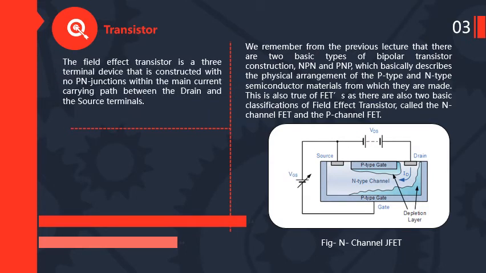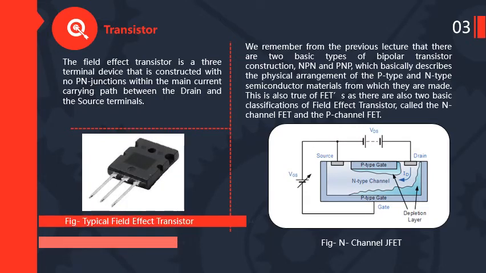The field effect transistor is a three-terminal device that is constructed with a PN junction within the main current carrying path between the drain and the source terminal. This is the typical field effect transistor diagram.